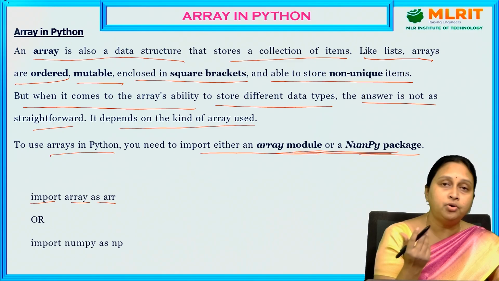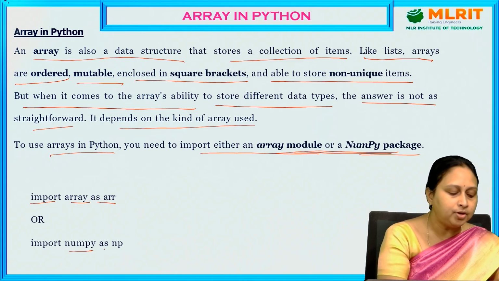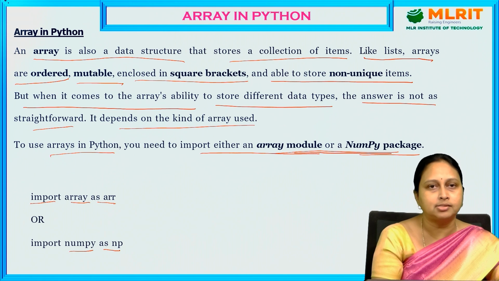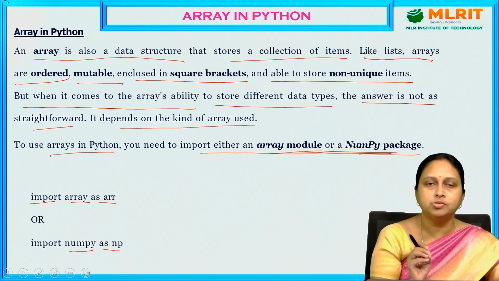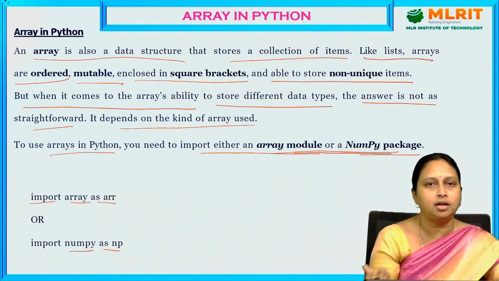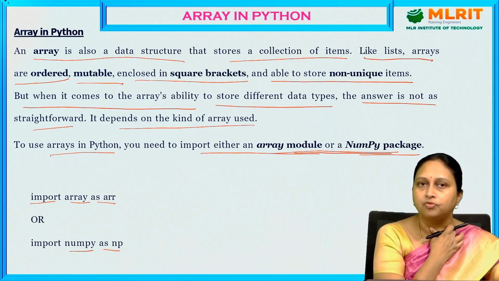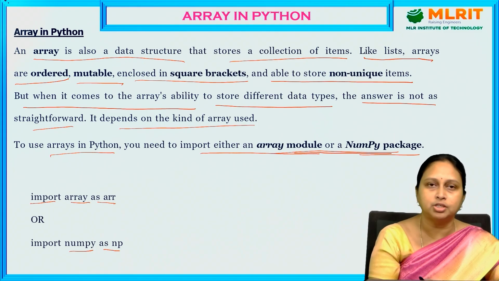Or if you want to import the NumPy library, you can import it and give it a short name NP. We can use the short names instead of writing the full name, array or NumPy. We can use these alias names and write any of these functions, append, remove, these functionalities we can apply to the arrays.